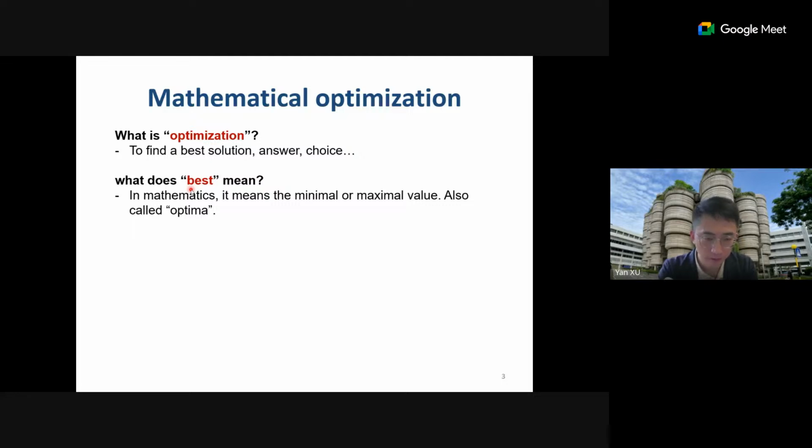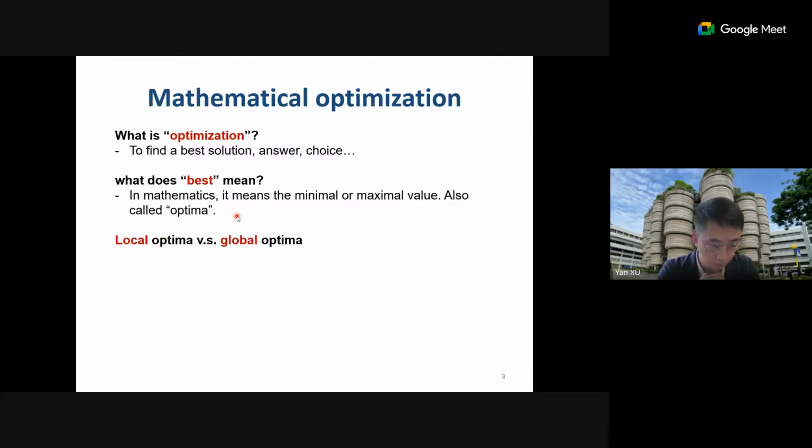Then mathematically, this objective should be modeled in an algebraic format. The minimum or the maximum value of this objective function is called the best, and the solution of the best is also called the optima in mathematical terminology.